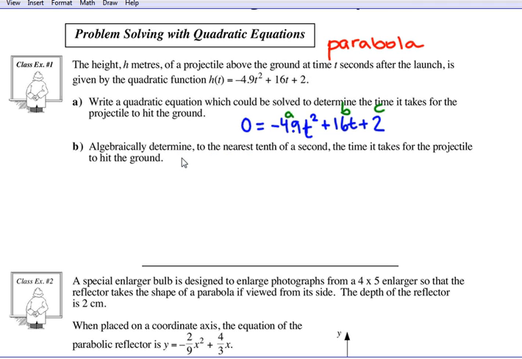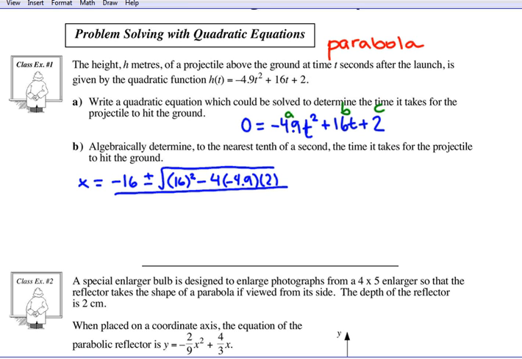All right, so x equals negative b, negative 16, plus or minus the square root of b squared, 16 squared, minus 4 times our a value, negative 4.9, times our c, 2, all over 2 times our a, so 2 times negative 4.9.